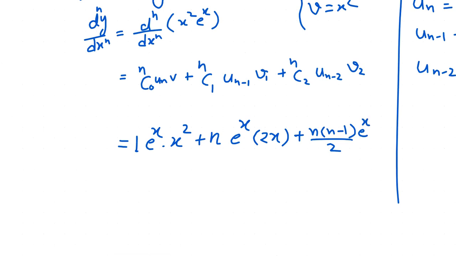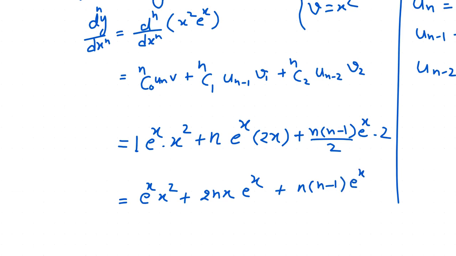Let us simplify, and we can take e to the power x as common, or we can write e to the power x into x square plus 2nx into e to the power x plus n into n minus 1, because the 2s cancel, into e to the power x. And let's see what we need to prove.